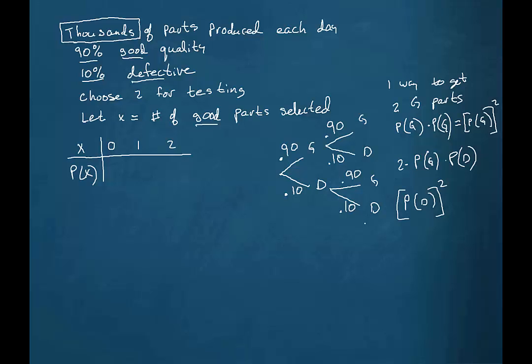So, thinking about that then, the probability that I would get 2 good ones, this top branch here, is going to be 0.81. 0.9 times 0.9. And then the probability that I would get 1 good one is going to be 0.18.